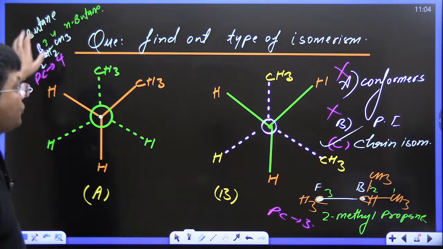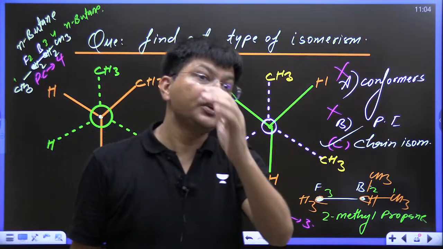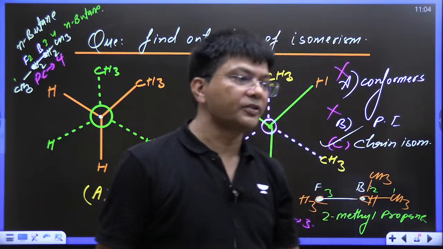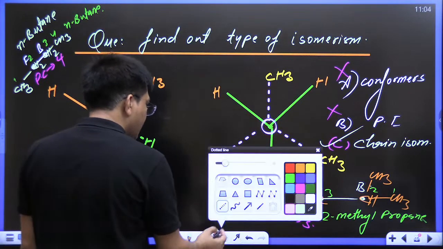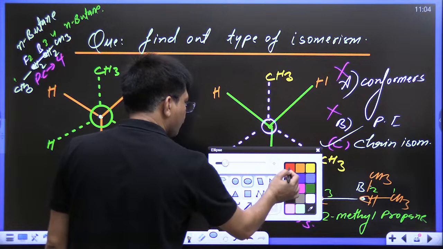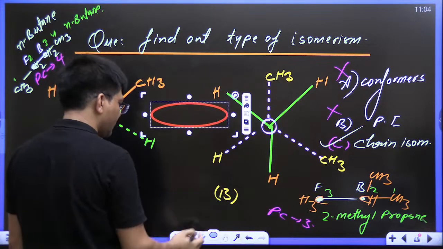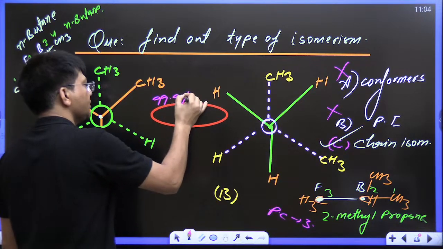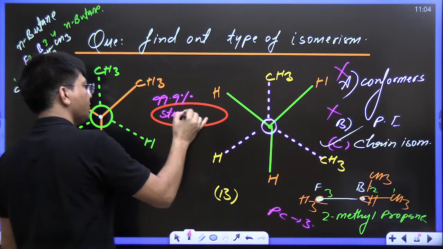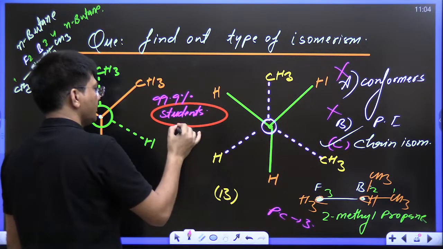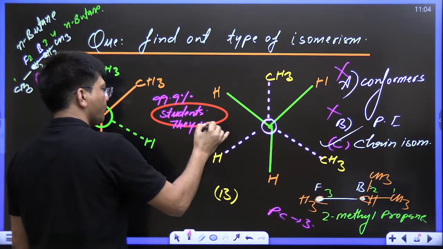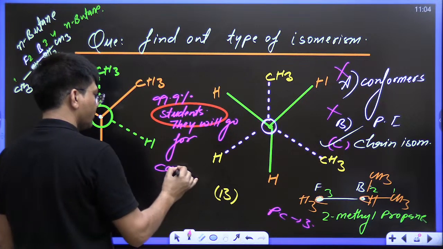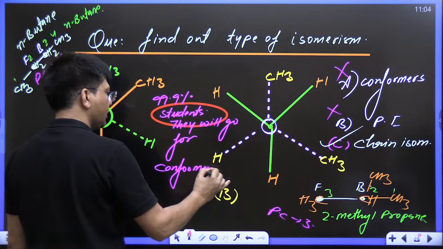And that's why I've told you that how to write down the structure is important. Kids, let me tell you one thing. 99.9% of students will mark conformers for this question, yes, because they are looking like conformers.